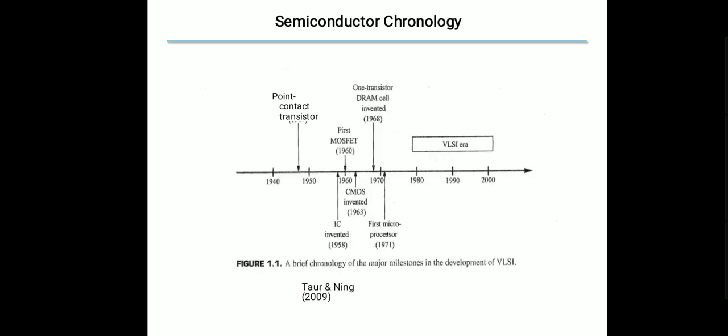Semiconductor chronology. This semiconductor chronology refers to the VLSI area. What is this VLSI? It is the main part in the ECE companies. VLSI refers to very large scale integration.